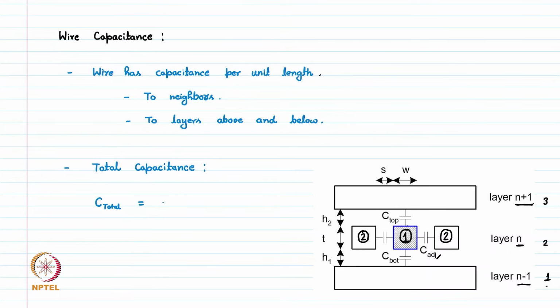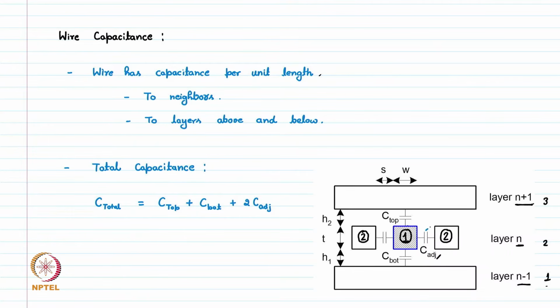C total is equal to C top, the capacitance with the top layer, plus C bottom, the capacitance with the bottom layer, plus 2 times C adjacent, because on both sides we have C adjacent.